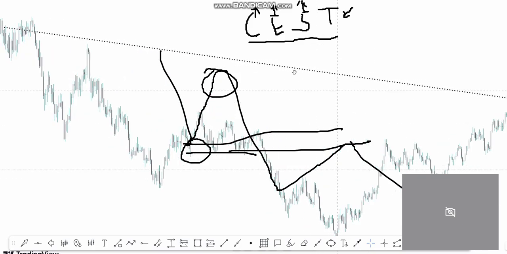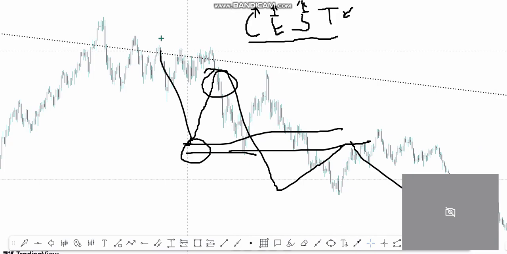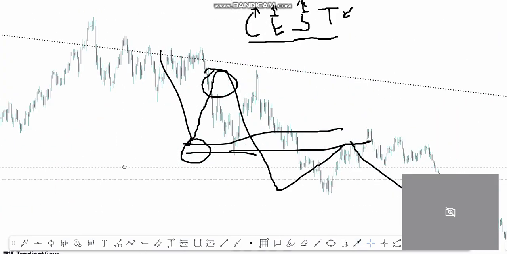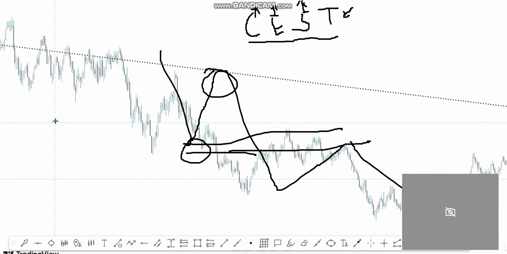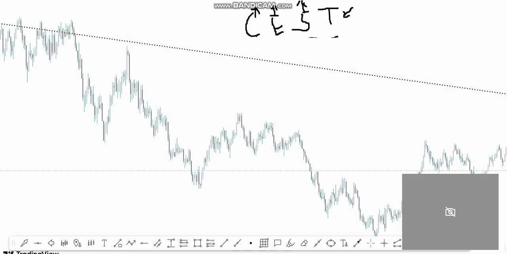You can see how the price is moving, which is very powerful. Price is making those series of moves, so we just look at how price is moving, guys, and we follow that.